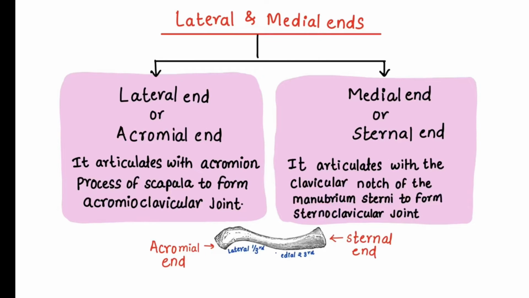Now we will take a look at the lateral and medial ends of the clavicle. The lateral end, or acromial end, articulates with the acromion process of the scapula to form the acromioclavicular joint, and the medial end, or sternal end, articulates with the clavicular notch of the manubrium sterni to form the sternoclavicular joint.